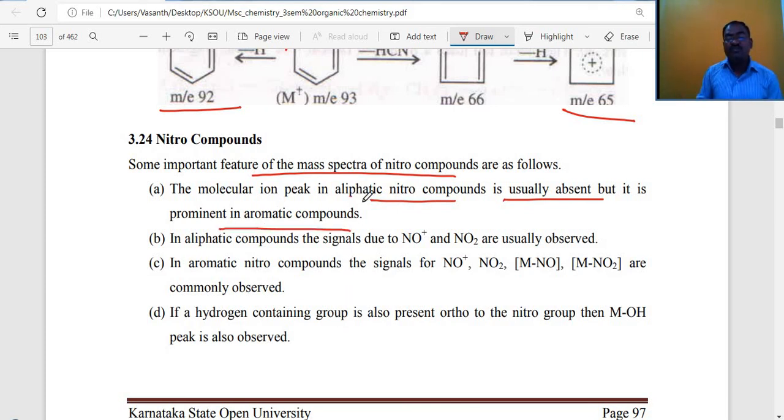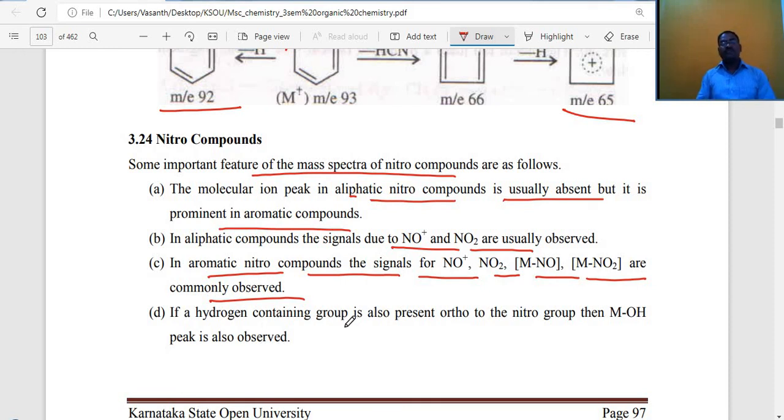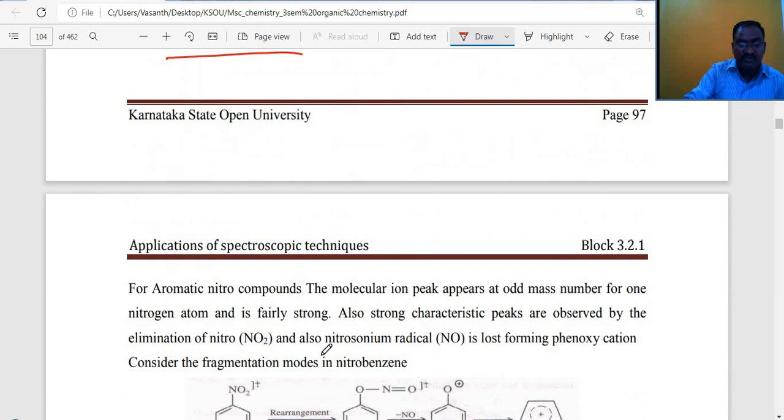In aliphatic compounds, the signals due to NO+ and NO2 are usually observed. In aromatic nitro compounds, the signals for NO+, NO2, M-NO, M-NO2 are commonly observed. If a hydrogen-containing group is also present ortho to the nitro group, then the M-OH peak is also observed.